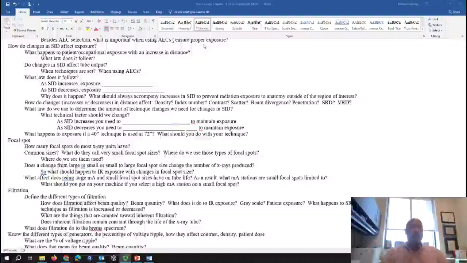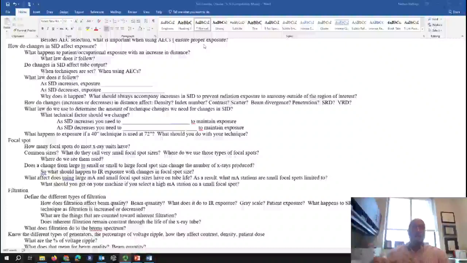The purpose of the AECs is to reintroduce those photons that we lost with the increase in distance. So when we have a set technique, there's no change in tube output. When we're using AECs, it's adjusting to the increase in distance according to the inverse square law, the loss of photons. So it follows the inverse square law.